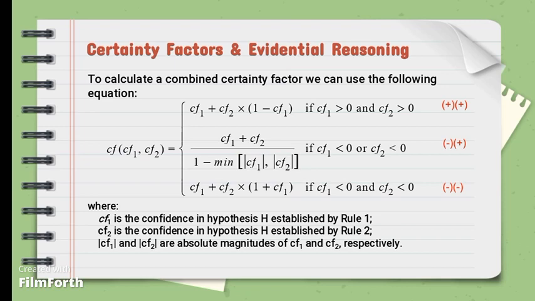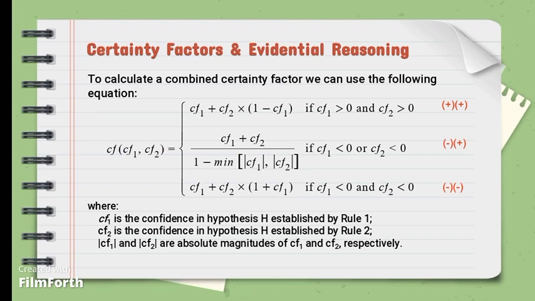The certainty factor sub 1 is the confidence in hypothesis H established by rule number 1. The certainty factor sub 2 is the confidence in hypothesis H established by rule number 2. The absolute values of certainty factor sub 1 and certainty factor sub 2 are the absolute magnitudes of certainty factor sub 1 and certainty factor sub 2 respectively.